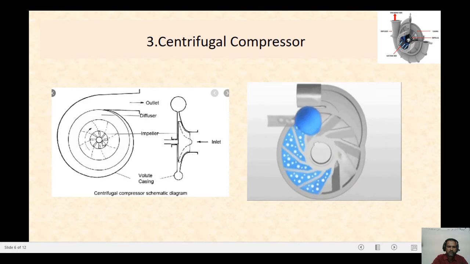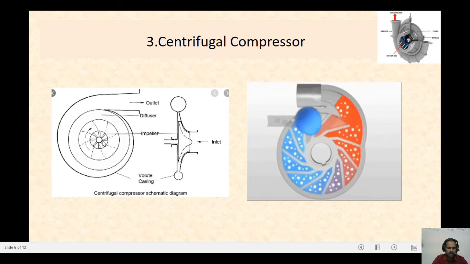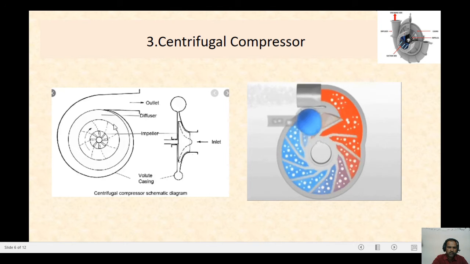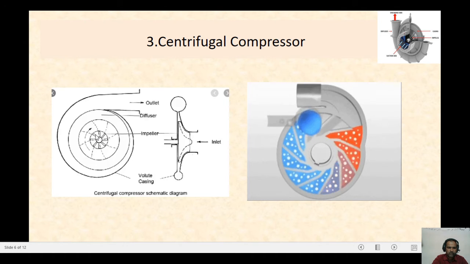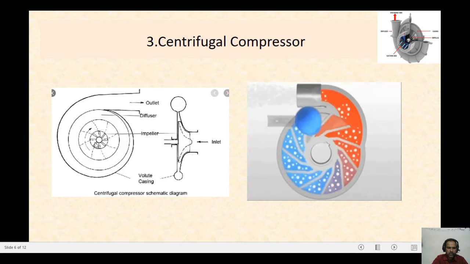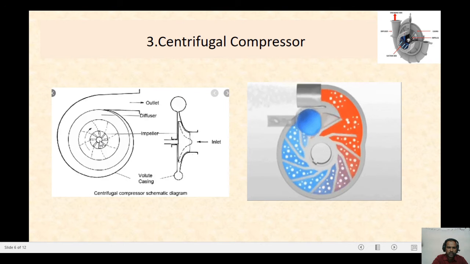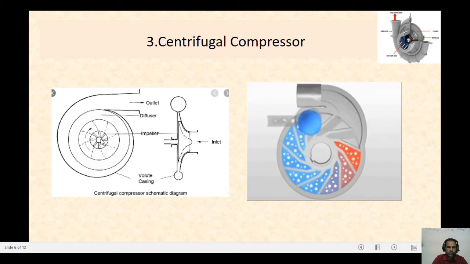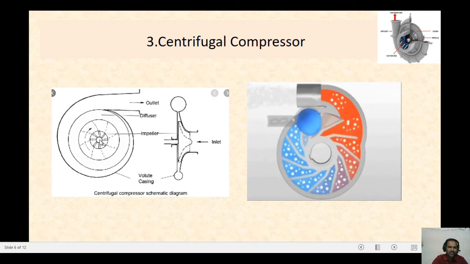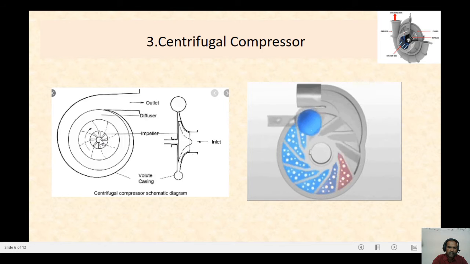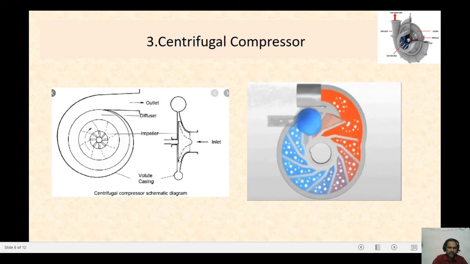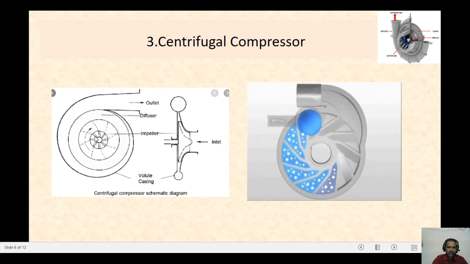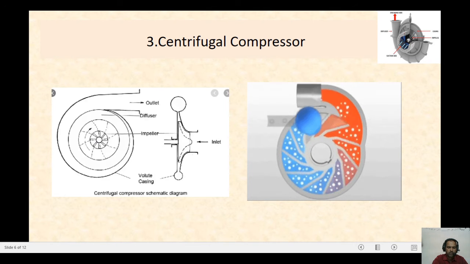The main working principle of the centrifugal compressor is that when this impeller rotates, air enters into the impeller eye. When the impeller blades rotate, suction or vacuum is created, and through the impeller eye the air is sucked in radially. At this point the velocity is low, and the atmospheric pressure is also low.